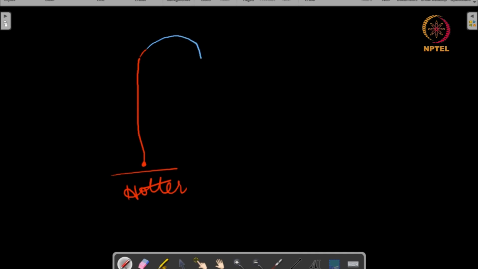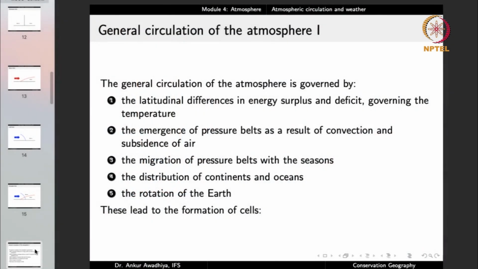Once it becomes cold, it becomes denser and it goes down. Here you have a deficit of air because the air is moving up, so a vacuum-like situation is getting created. Here you have an excess of air because so much air is coming down, and so this air will now move in this direction. This creates a loop-like pattern, a convectional loop.